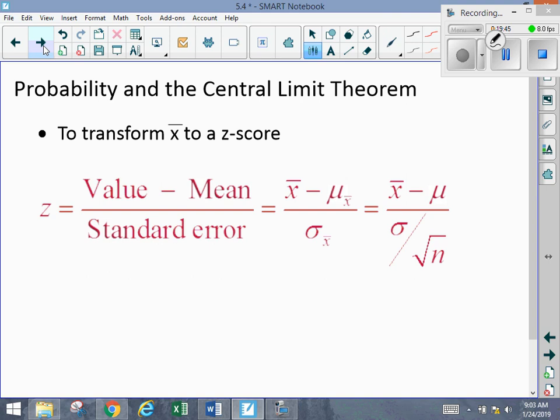The only change is that, instead of using the standard deviation of the population, we use the standard deviation of the sample means. No problem.